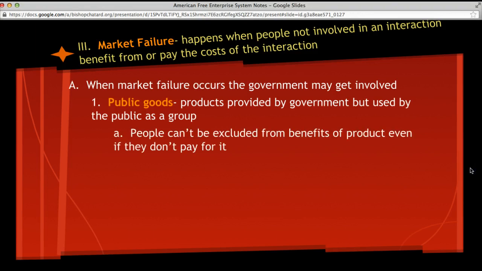Now, there are other characteristics that go along with public goods. First is that people can't be excluded from the benefits of a public good even if they don't pay. So, for example, I always give this analogy, it was something that kind of stuck with me: if I decide that I'm going to be an entrepreneur and I'm going to invent this invisible force field that is going to go over the entire country, and that is going to be our national defense.